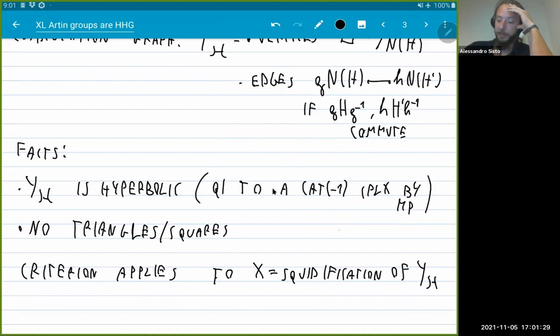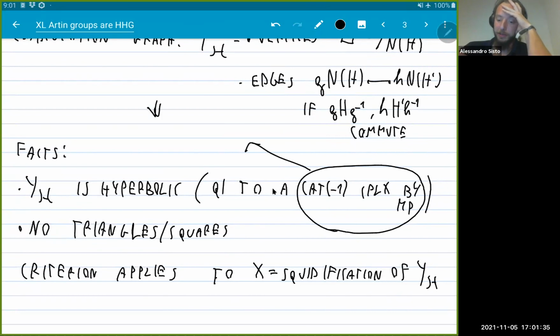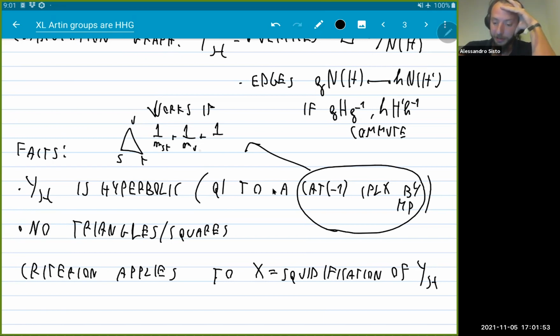One essential thing is that this CAT(-1) complex works whenever you have a triangle S, T, U with 1 over m_ST plus 1 over m_TU plus 1 over m_US, sorry, anyway, the inverse of the coefficients is less than 1.